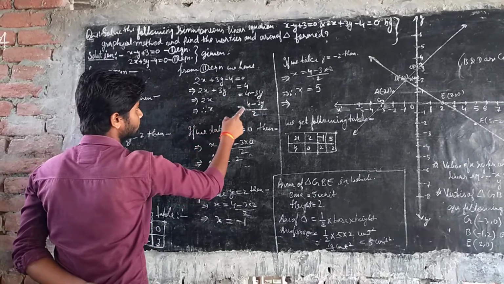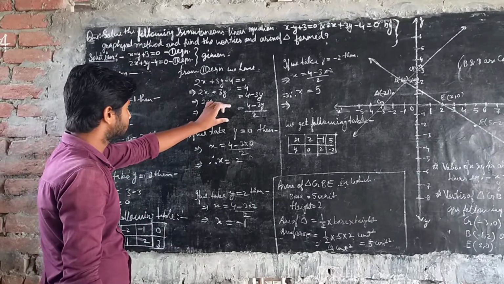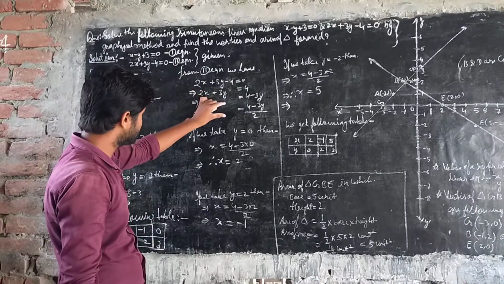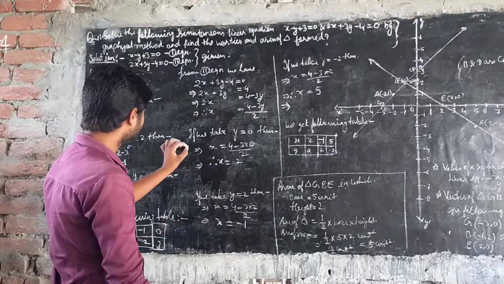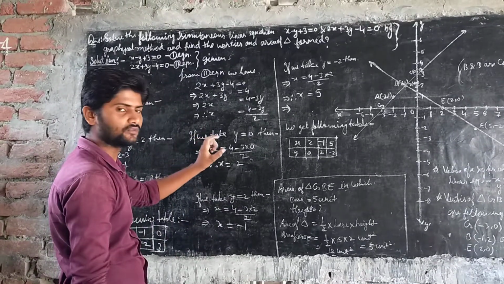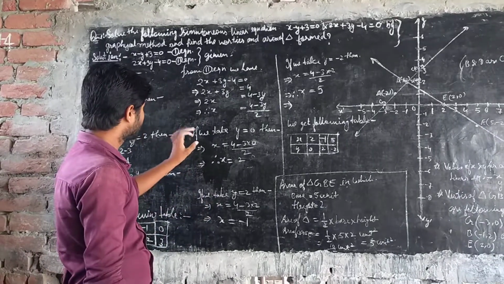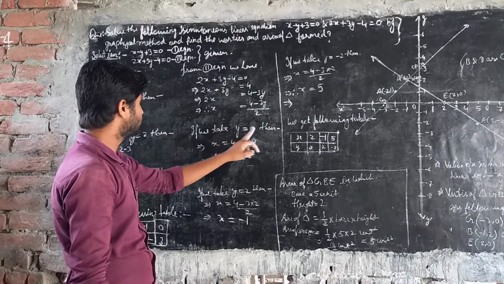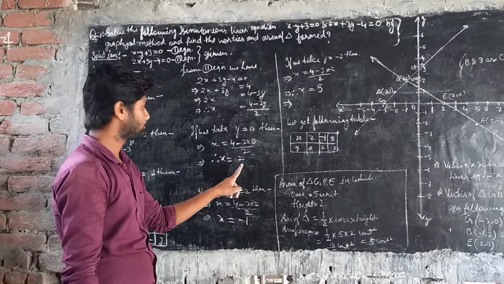Therefore x is equal to (4 minus 3y) upon 2. For the second line, we also find a minimum of 3 points. We can take any random value of y. If we take y is equal to 0, then we get x is equal to 2.